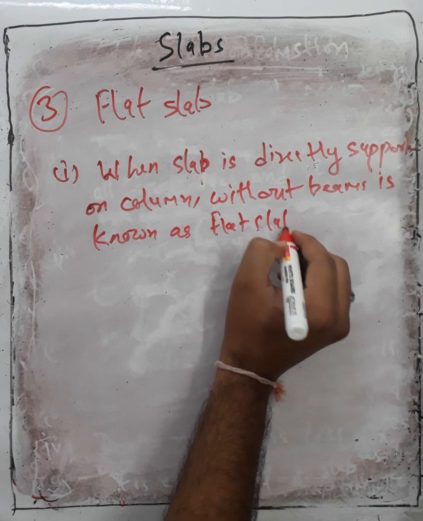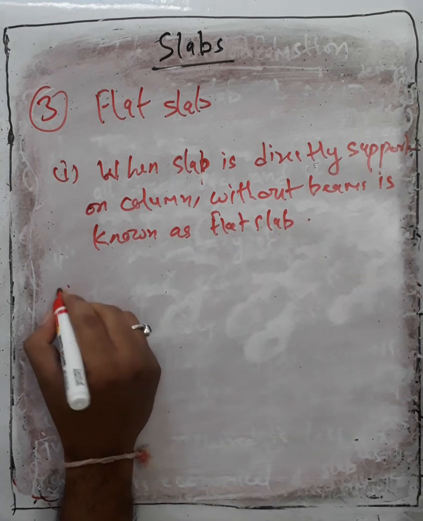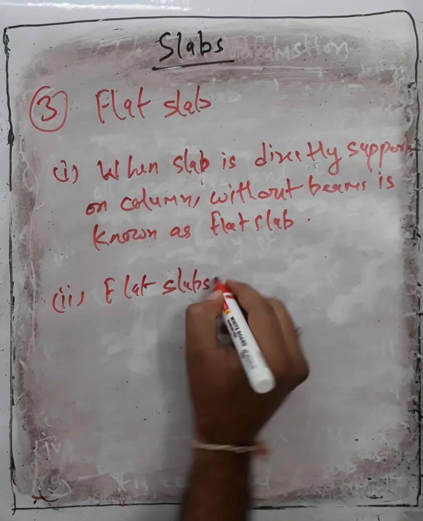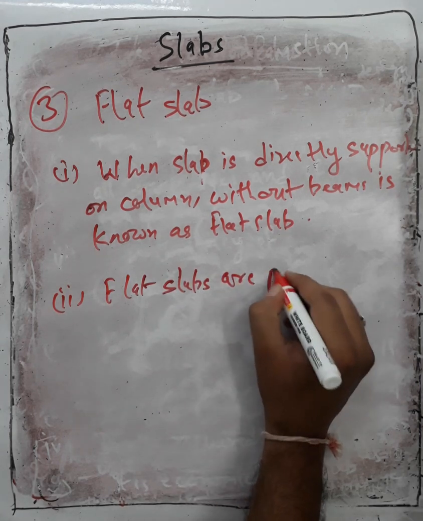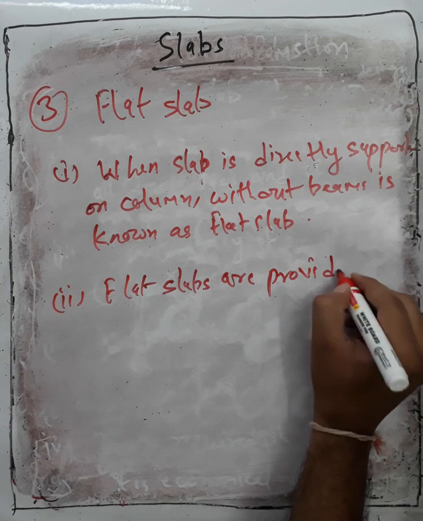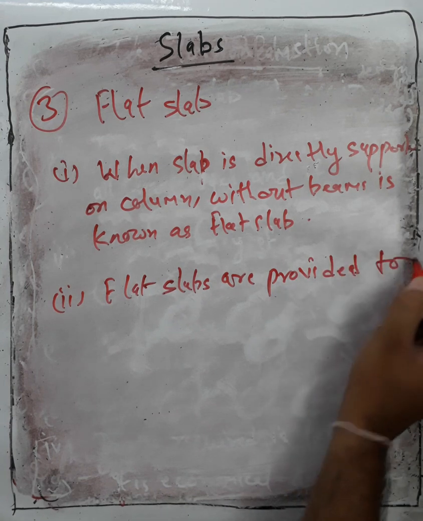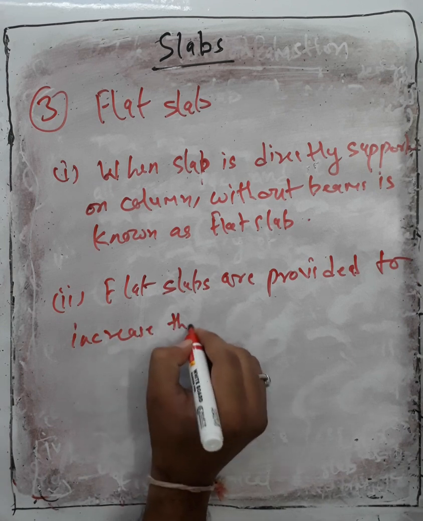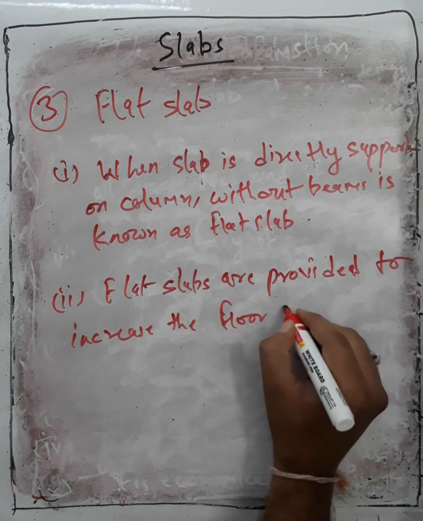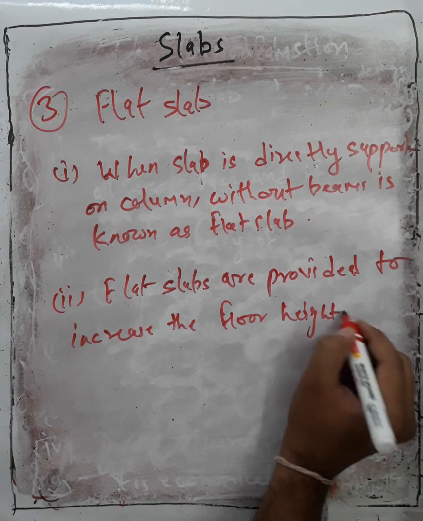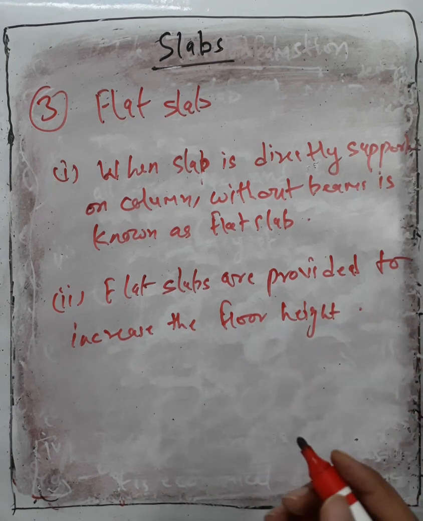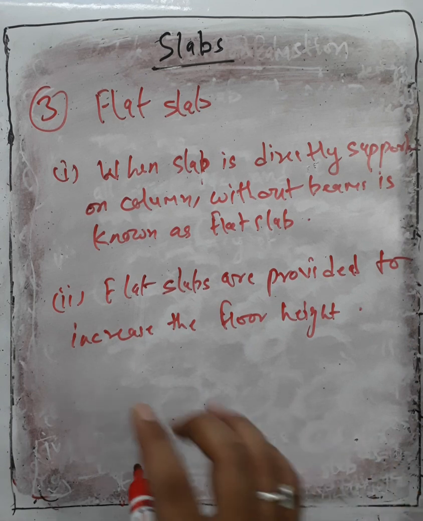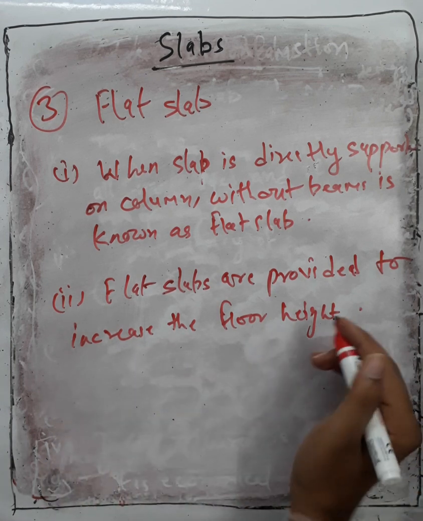And the second point is, flat slabs are provided to increase the floor height, because if you directly support the slab on columns, the height of the floor is increased.